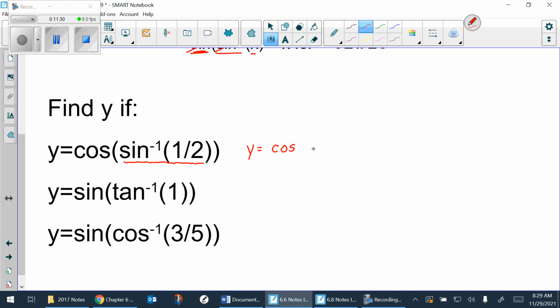If you look back on slide 1, sine inverse of 1/2 was pi over 6. Now what's the cosine of pi over 6? And you think of your unit circle, and I think you're coming up with that.